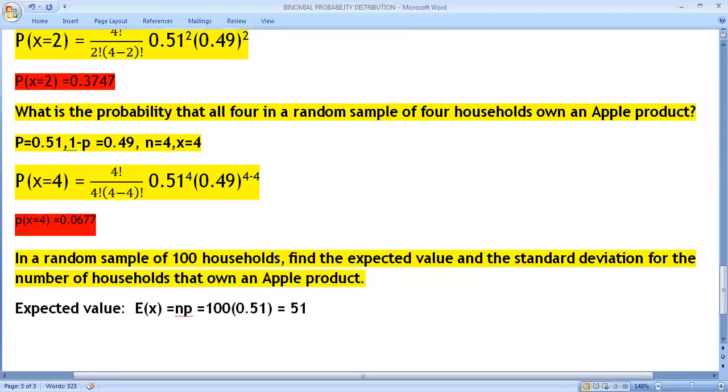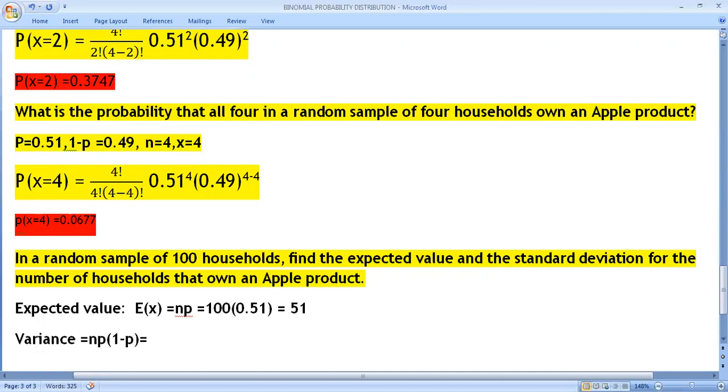Then, of course, they also want us to calculate the standard deviation. But before I calculate the standard deviation, let me first calculate the variance. Variance equals NP times the probability of failure.